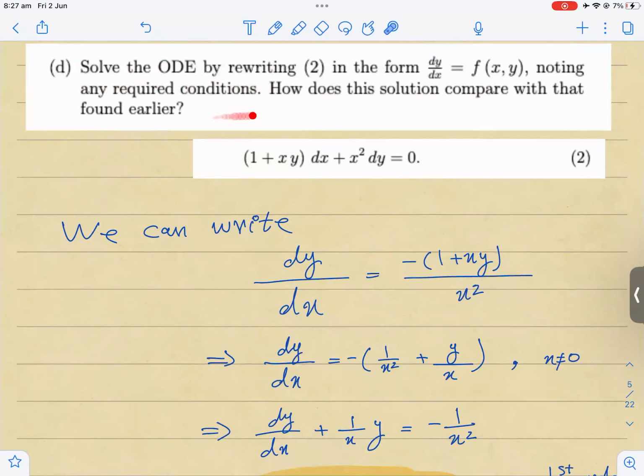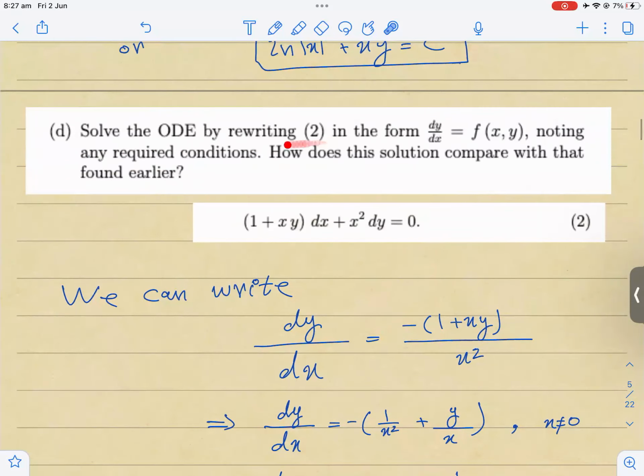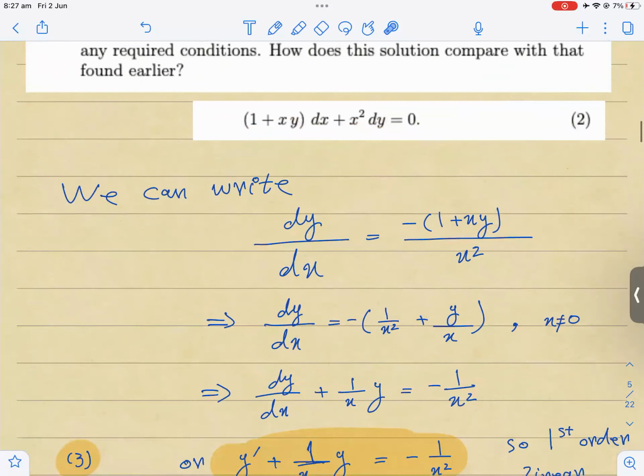Solve this one by, what? Okay, so we see that we rewrite that 2 here. We write it in this way. So we see that dy dx is equal to this guy, which comes from this guy. So we like to write it in this way, decomposing the fractions.